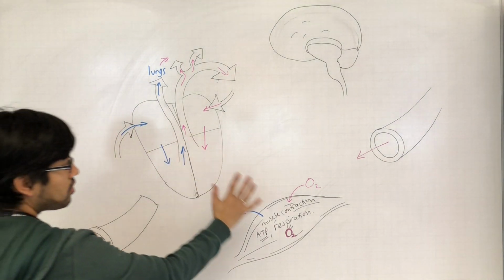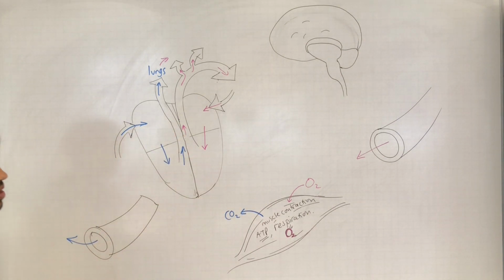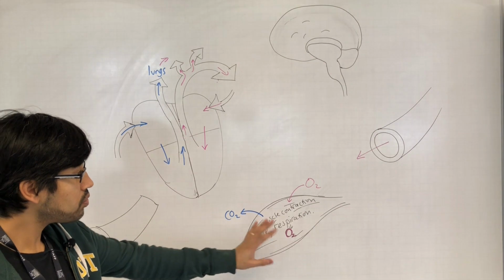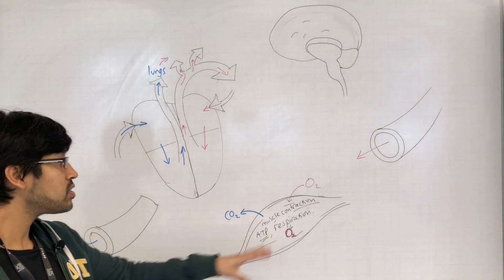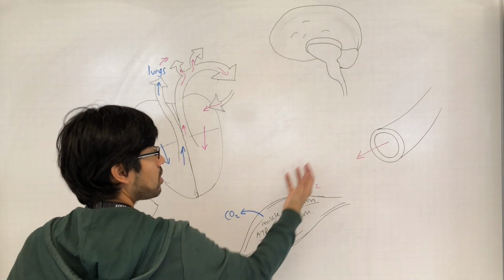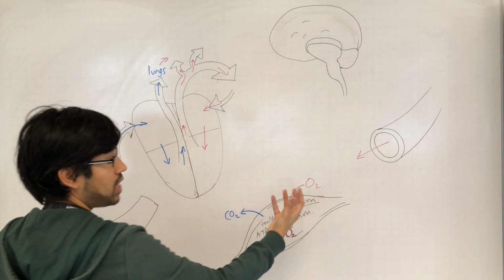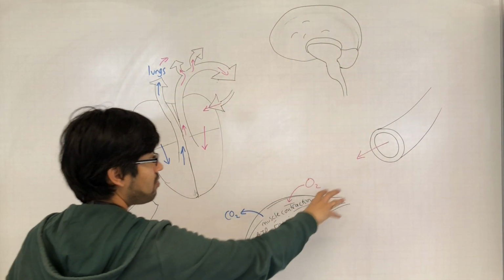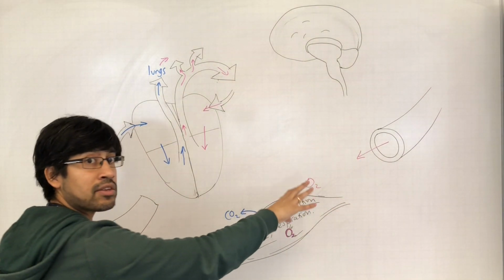So I hope we've established that in order for cells, including muscles, to carry out their function, they need to be supplied with blood that contains a high concentration of oxygen. The blood travels to those cells via mass flow.